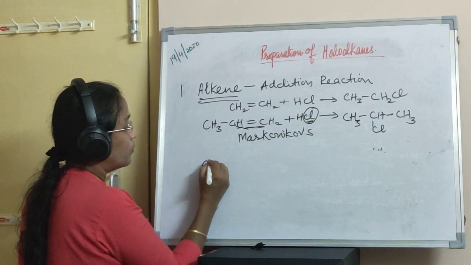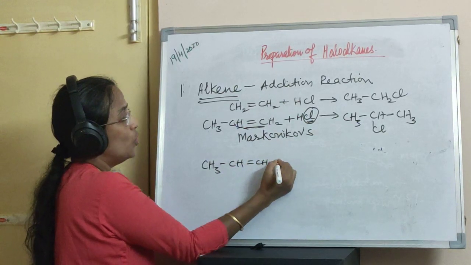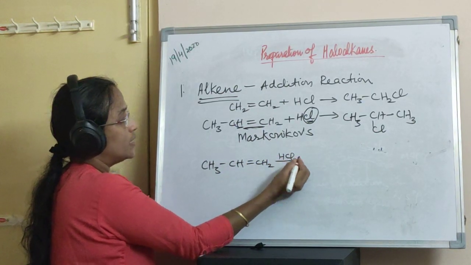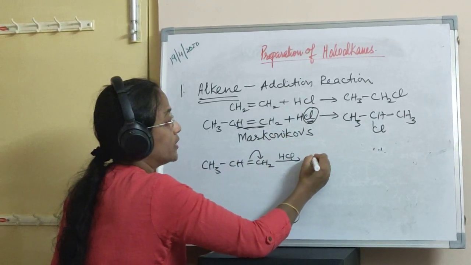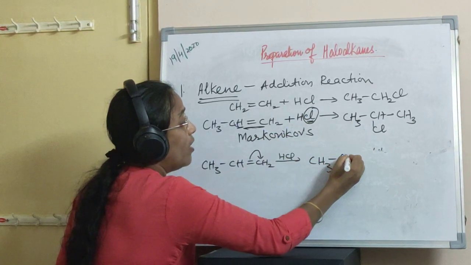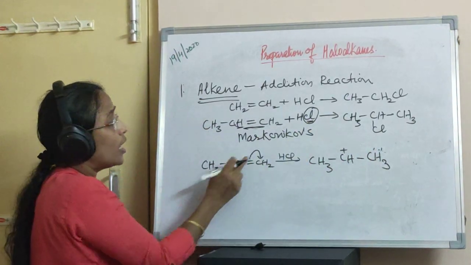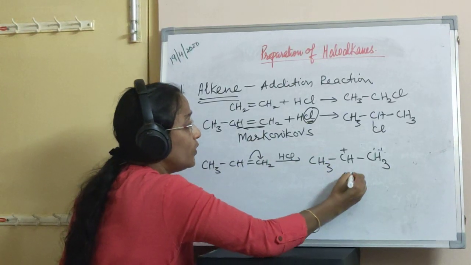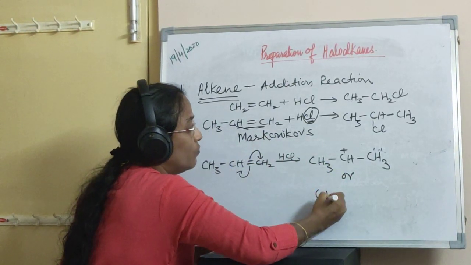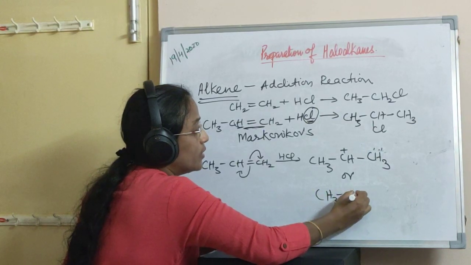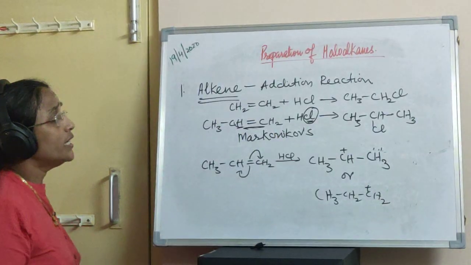So what happens? Suppose we take CH3-CH=CH2, and when HCl is added, it proceeds via the formation of a carbocation. So we can have one carbocation like this, or if it shifts to here, another option, we will have a carbocation like this which is generated.